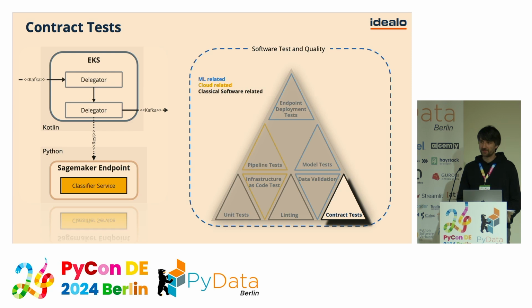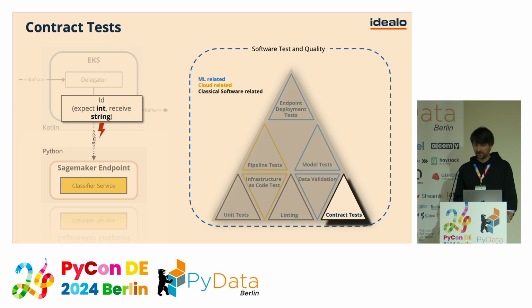Although we work very closely together, there are differences in the Python world and in the Kotlin world or other language worlds, and these differences can lead to misunderstandings. Therefore, we take care to define our interfaces carefully, but as we are human beings, we make mistakes. One case that we had is that there was an error in the transmission of an ID: we expected an int and got a string.